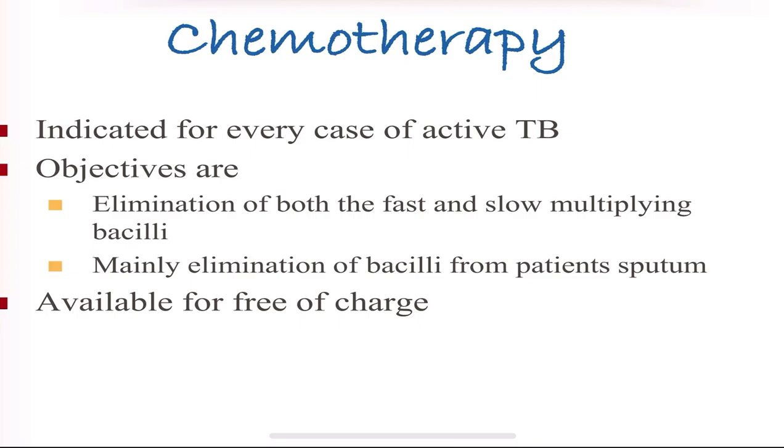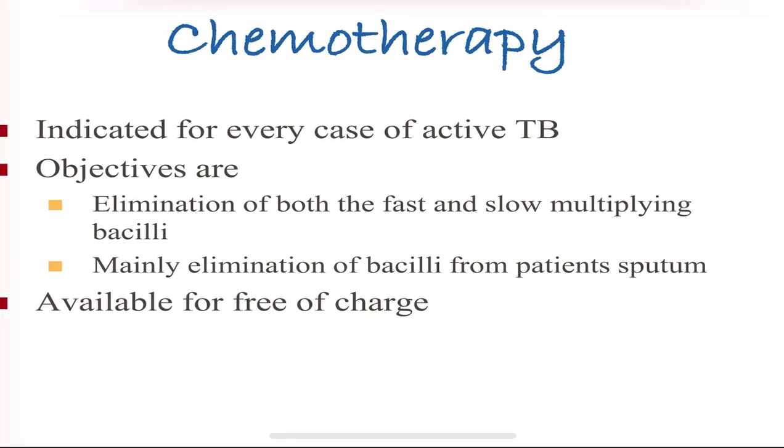Moving further to the chemotherapy. Chemotherapy is indicated for every case of active tuberculosis. Objectives of chemotherapy include the elimination of both fast and slow multiplying bacteria, and mainly the elimination of bacilli from patients who are sputum positive.